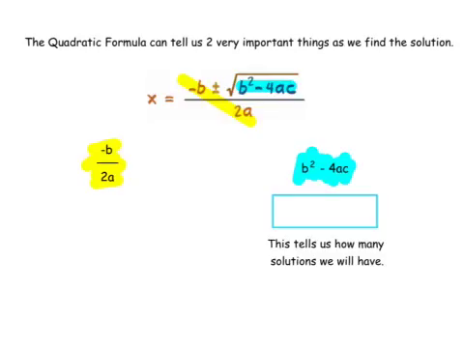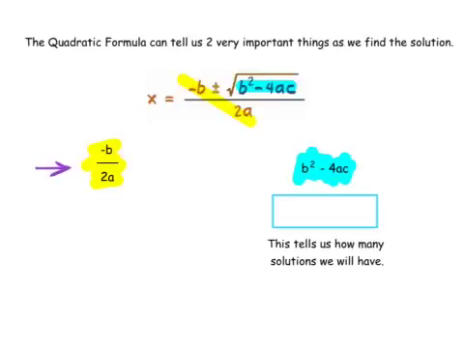Before we really start to use the quadratic formula, we first want to explore it a bit. There are two really important things that the quadratic formula can tell us without us even having to graph or actually solve. The first really cool thing is what I have highlighted in yellow. Notice I did a diagonal highlight, but I found the opposite of b over 2a in my quadratic formula.